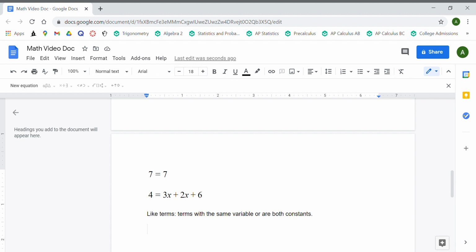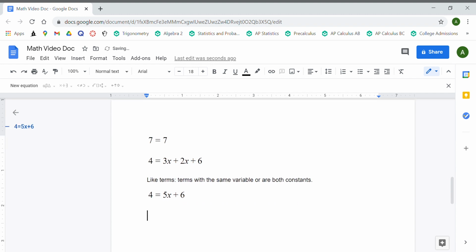When we add, we simply need to add the coefficients. So you should have an answer like this: 3x plus 2x equals 5x, because 3 plus 2 equals 5. Pretty simple. Alright, so 4 equals 5x plus 6.